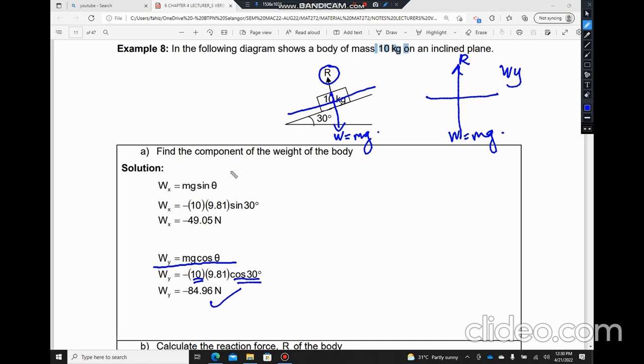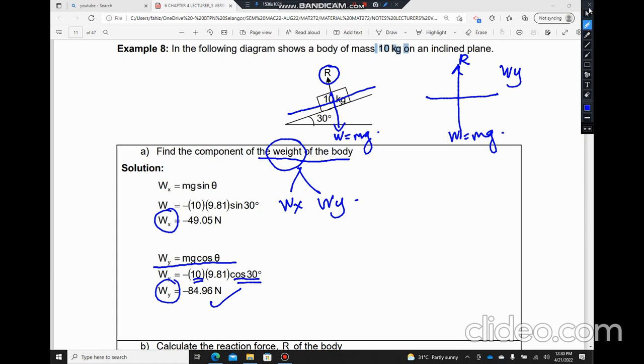Yang ni dia just nak find the component of the weight of the body, means you need to find Wx and Wy. And then Wx kita guna formula mg sin theta. So negative 10, 9.81 sin 30 degree. So you get negative 49.05 Newton. So this one for weight of component x and weight of component y.